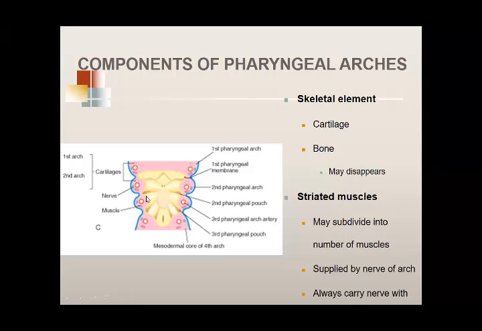It is bulging out. And this structure that is formed by the bulging out of the endoderm is called pharyngeal pouch. Here, pharyngeal pouch formed by the bulging out of the endoderm of the pharynx. On the outside, the ectoderm in the region of loose mesenchyme.